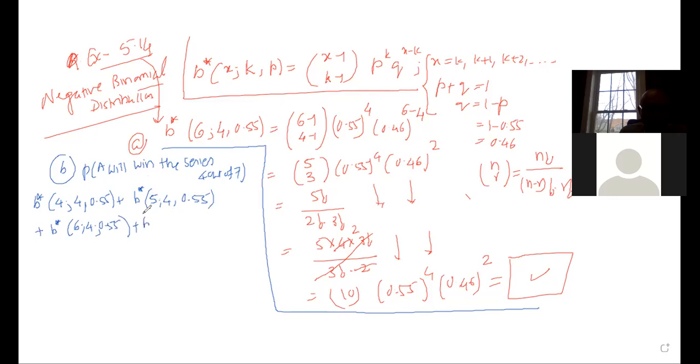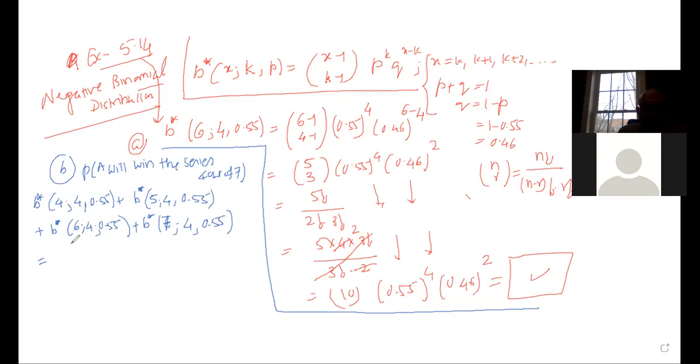Plus, it could be possible that B star, and here it is, sorry, my bad, 7, semicolon, again 4 and 0.55, and close the bracket, right? And the same way you can find whatever I did over here.